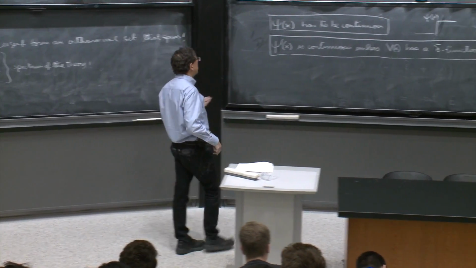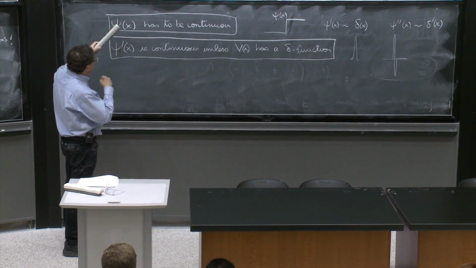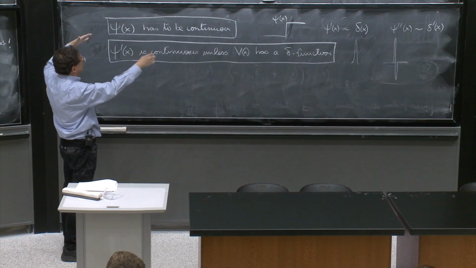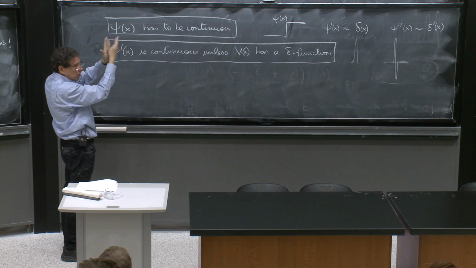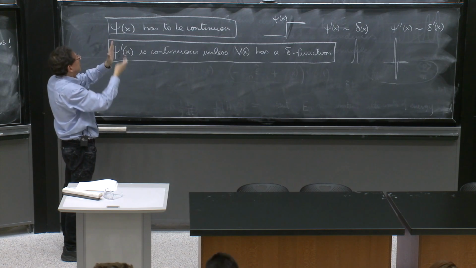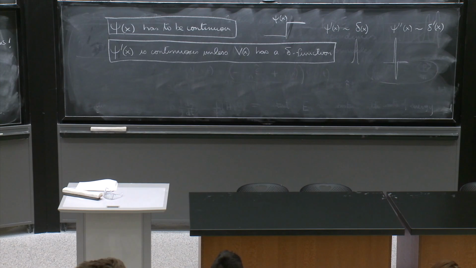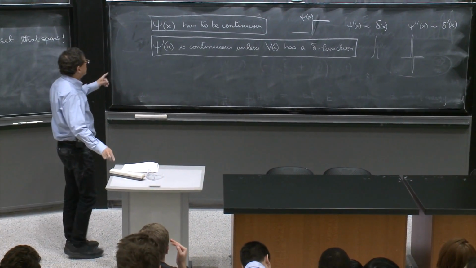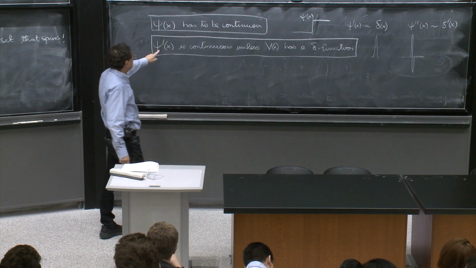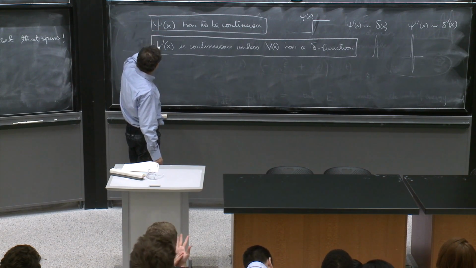Why are we worrying about psi and psi prime? It's because you need two conditions whenever you're going to solve this differential equation at an interface. You will need to know if psi is continuous and psi prime is continuous because it's a second order differential equation. So suppose psi prime is continuous, then there's no problem.